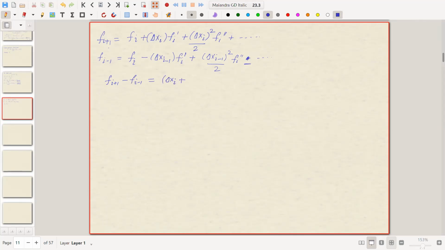You'll get delta x i plus delta x i minus 1 times f i prime, plus delta x i squared minus delta x i minus 1 squared by 2 times f i double prime, plus higher order terms.